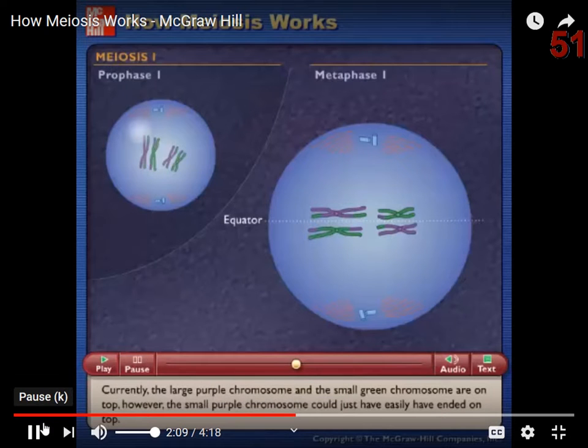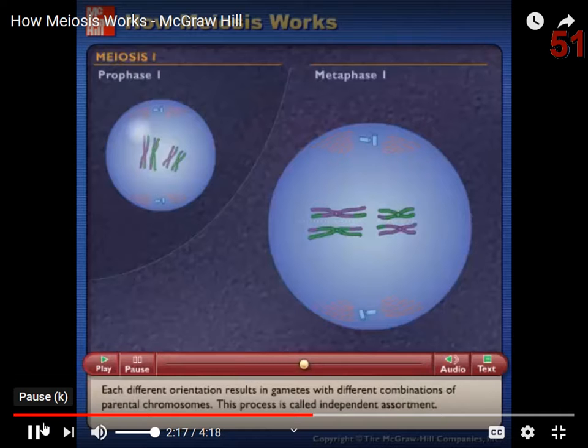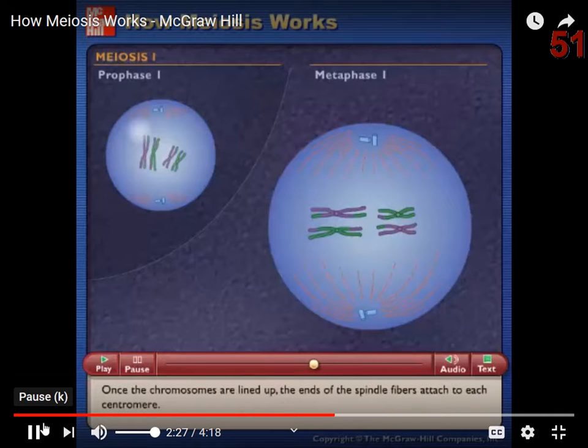However, the small purple chromosome could just as easily have ended on top. Each different orientation results in gametes with different combinations of parental chromosomes. This process is called independent assortment. Once the chromosomes are lined up, the ends of the spindle fibers attach to each centromere.